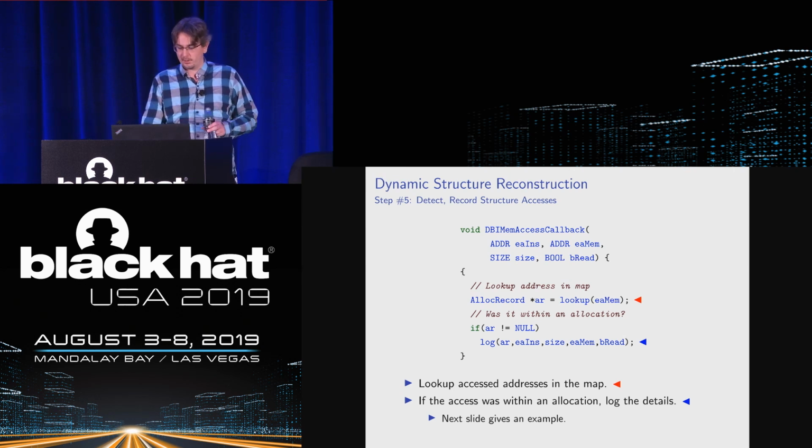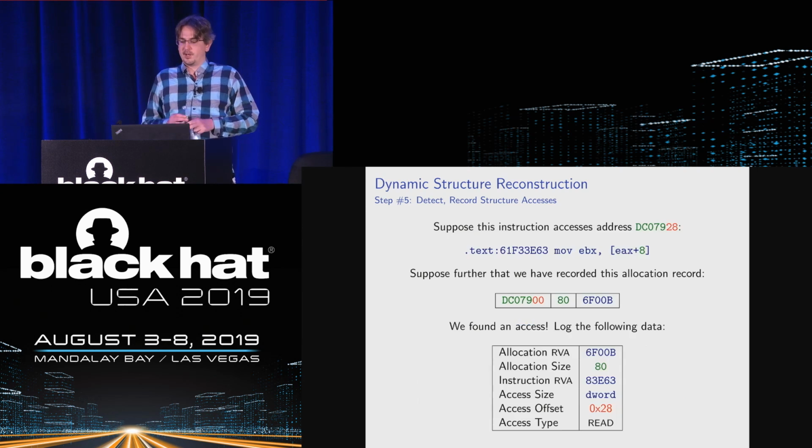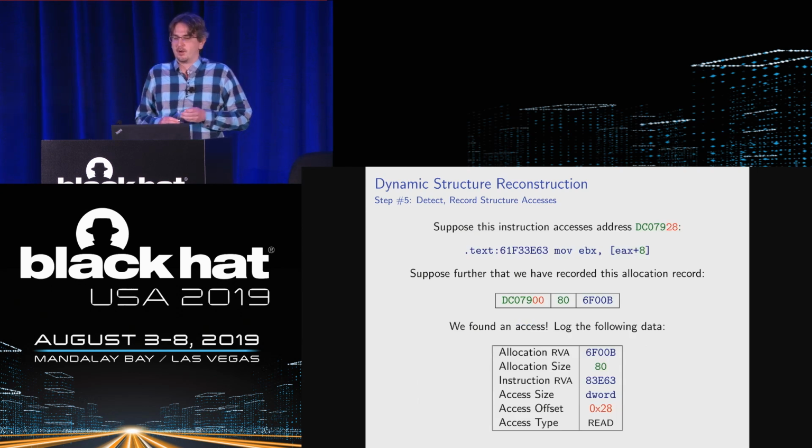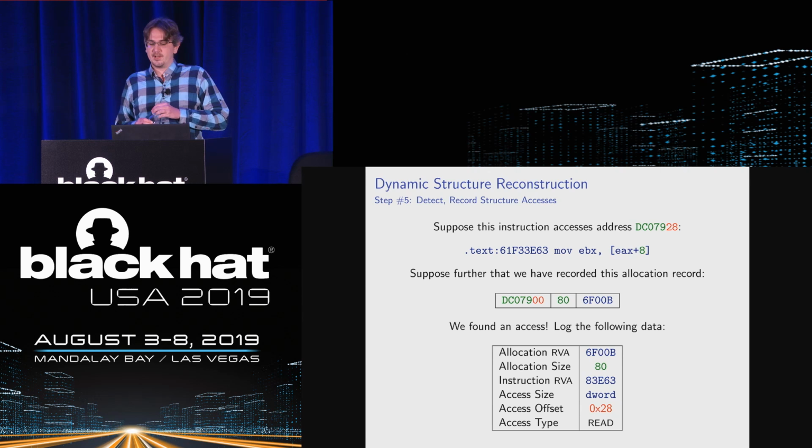So we're going to log that. Let's say this instruction was observed accessing that particular address ending in 28. We look that address up in the map, and we find that we have that same address ending in 00 with a size of 80 hexadecimal having been allocated at that RVA.